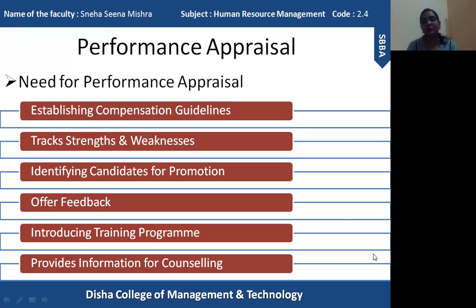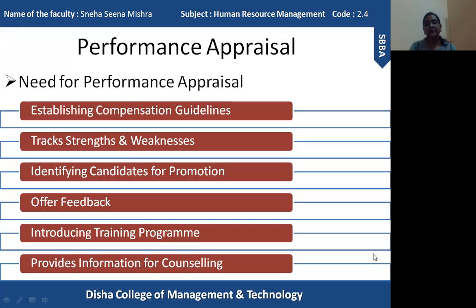And this information is provided by performance appraisal programs or reports. So they provide necessary information, the present level of employees in terms of their performance, and on that basis, a proper training program is created, introducing different kinds of skills, different types of knowledge, what extra knowledge they need to have in order to perform their job.